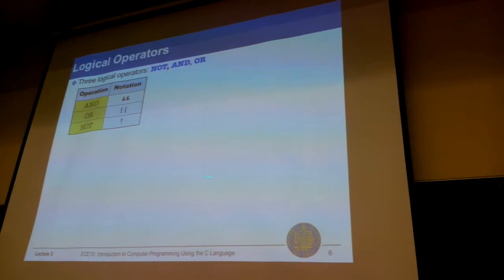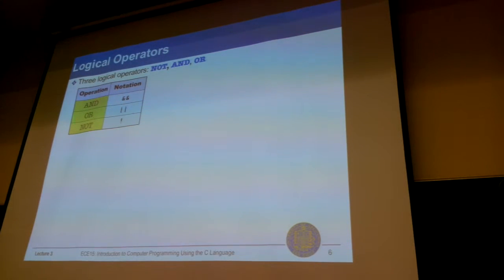So the notation in C for these different operators is as such. An and is just ampersand, pretty easy to remember, the and symbol twice. Or is this key, which is above the return key. So you hit shift and the key above return, and you'll get this straight line. And the not is just an exclamation point.